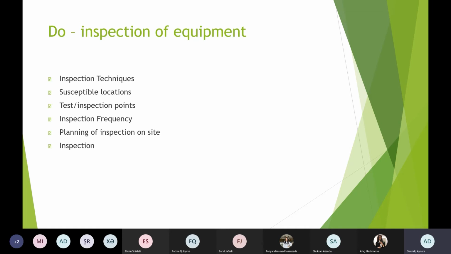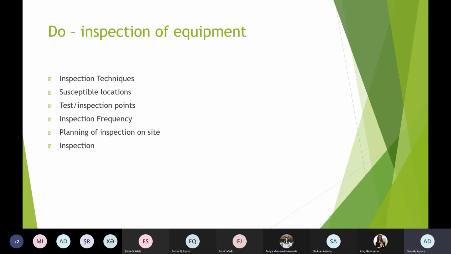We never inspect 100% of equipment, mostly in this case piping. We're inspecting 10%, and based on the results of that 10% inspection of piping, we're identifying integrity, fitness for service, how safe this equipment is.